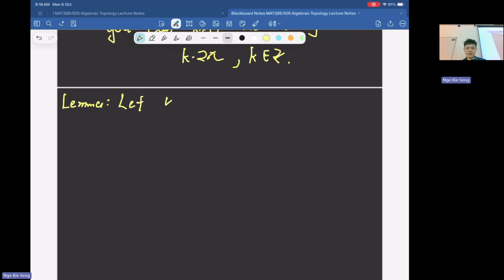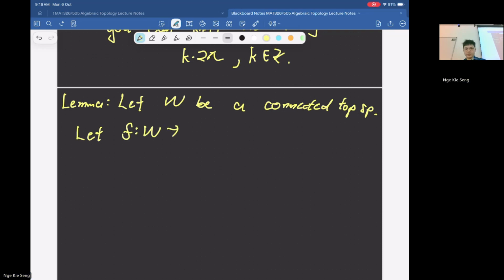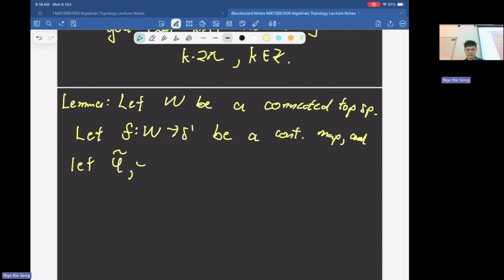Okay, next. So we want to discuss this lift. What kind of property does a lift have? So let W be a connected topological space. Okay. And then let F be a continuous map from W into X1. And let's say they have two lifts of F here.